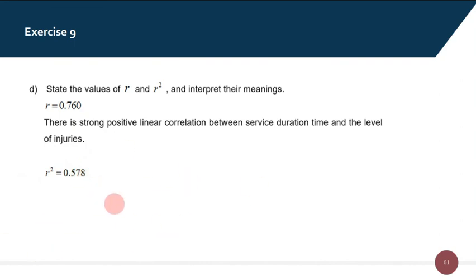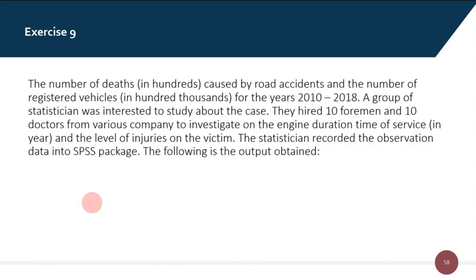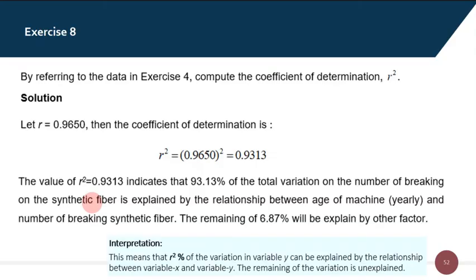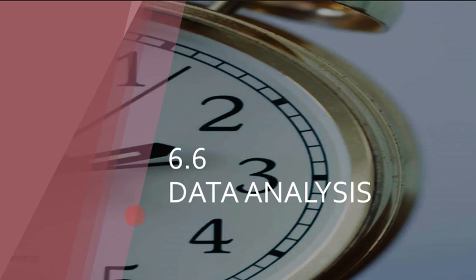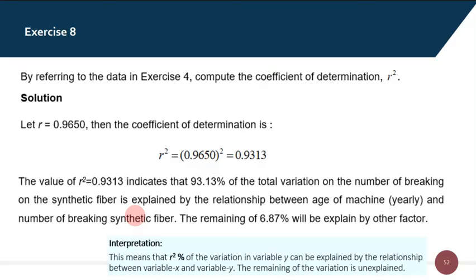So there's no answer here, but you must compare back how you want to interpret the coefficient of determination. Okay, I forgot to write down the answer. So you can just say this means the percentage of variation in variable y that can be explained by the relationship between variable x and variable y, and the remaining variation is unexplained.